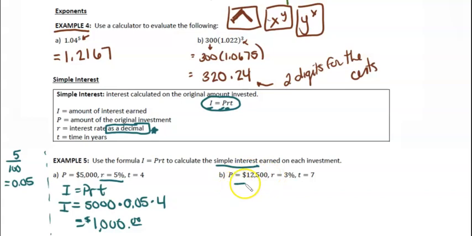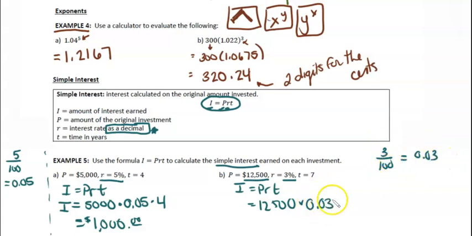Okay, same thing for B. We're going to start with I equals PRT. Okay, we're solving for I. So the P is 12,500. The rate. So 3% converted to a decimal, we just divide by 100 and we get 0.03. Right?